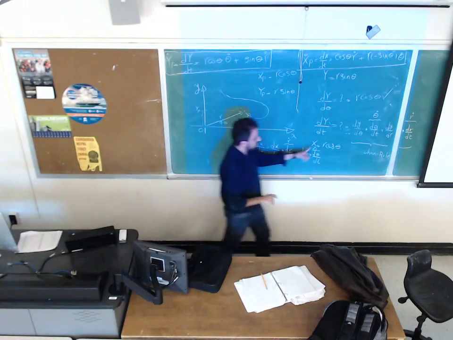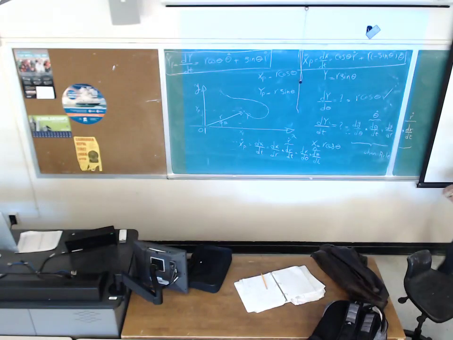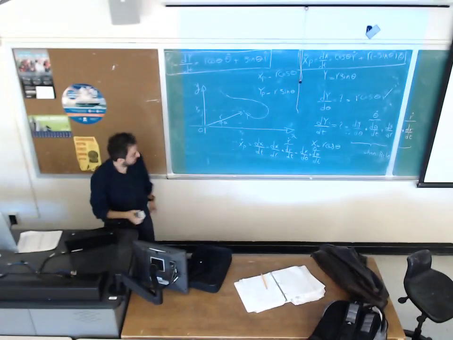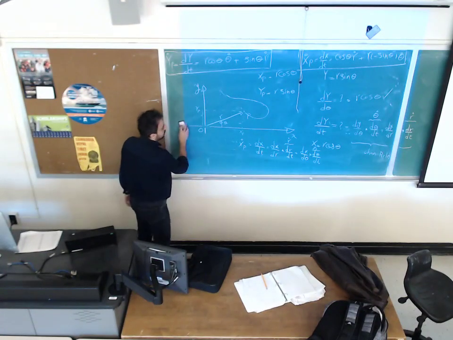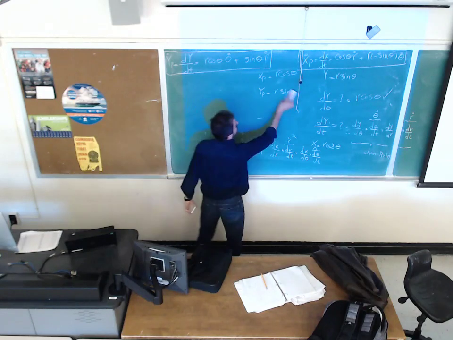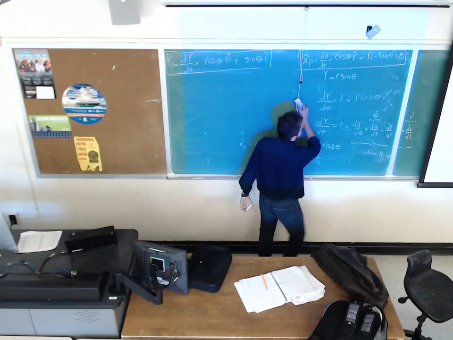So we use the chain rule to find the derivative with respect to time. Now we are ready to start differentiating the velocity equation for the first mechanism, which is an offset slider crank.